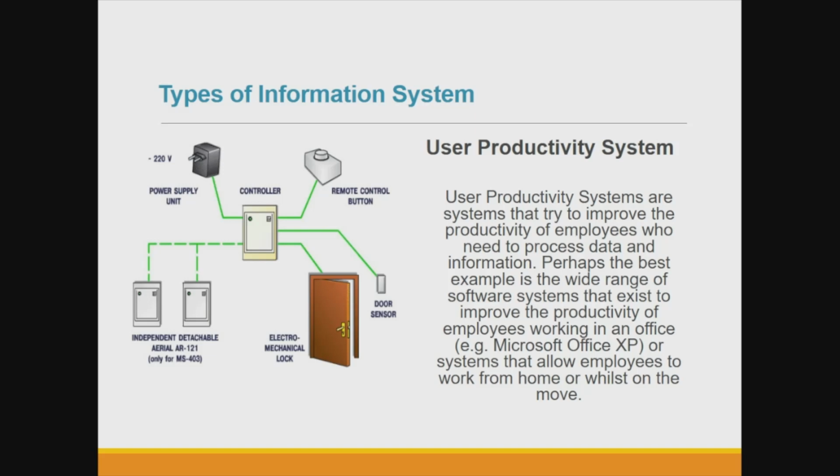For example, under this part is Microsoft Office, a system that allows employees to work remotely from home, so it can enhance productivity when there is, maybe, a pandemic like the current situation, but the business operation of the organization can still run. Another example is the e-future system. Even when we are not able to meet face to face, students can still interact with the learning process.